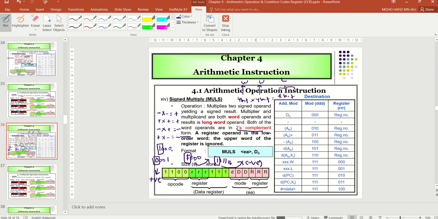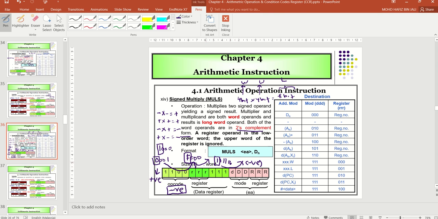Then if this value multiplies with this value, positive and negative, supposedly the answer also needs to be a negative value. How to indicate whether it is negative or not? Check the MSB, check whether it is 0 or 1.